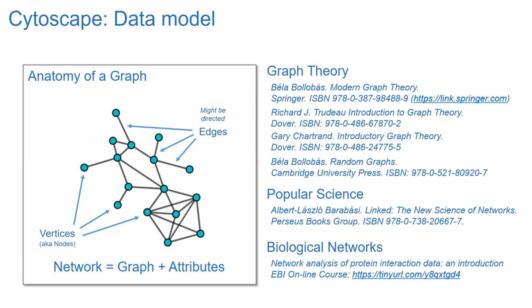The data model that Cytoscape deals with is a graph. So essentially, whatever you've got in your experiments, in your data, is getting reduced to a bunch of points connected by lines when you draw it, and technically it's collection of pairs of vertices connected by edges.